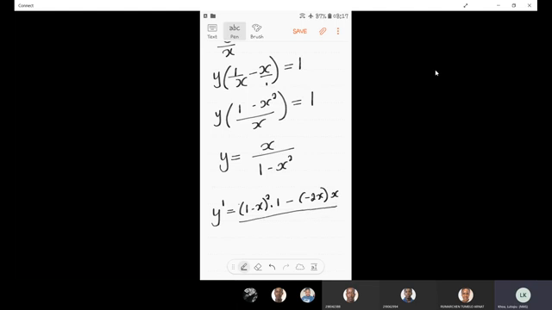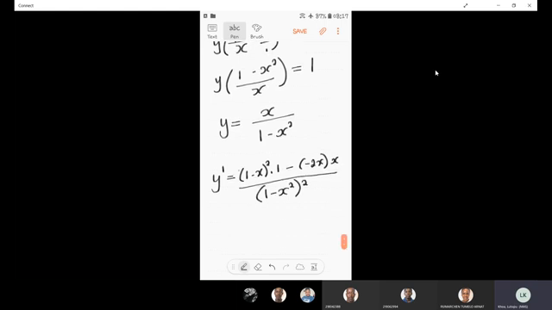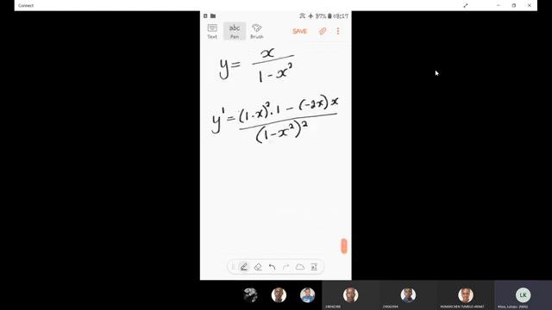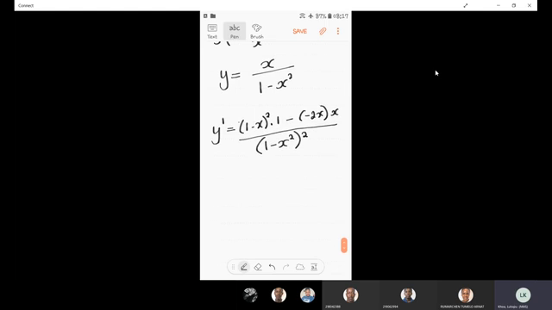And then I divide this by (1 minus x squared) squared. So that is just the quotient rule. Then what I have, this is 1 minus x squared plus 2x squared, over (1 minus x squared) squared.